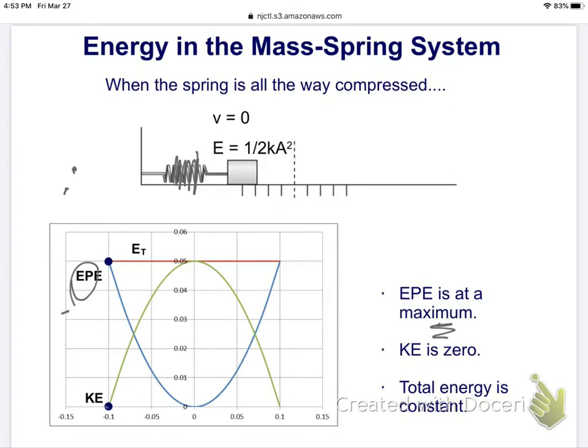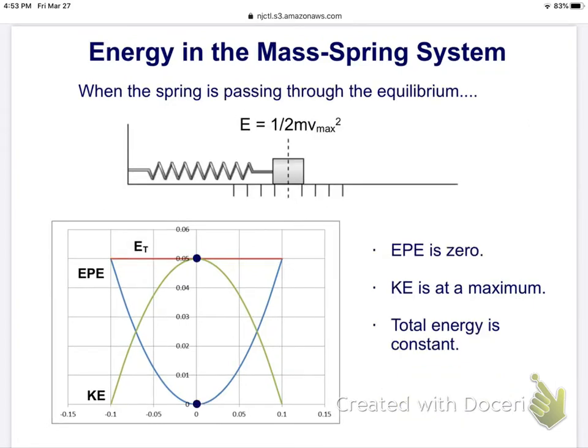Remember, kinetic energy is 1/2 mv squared. So if it has no velocity, it has no kinetic energy when it's fully compressed. At that point, the total energy, or E sub t, is going to be constant because the total energy never changes.